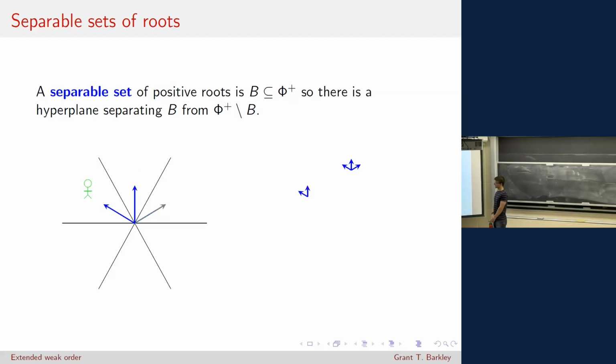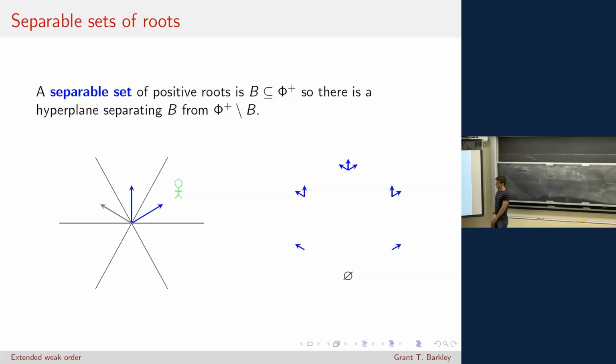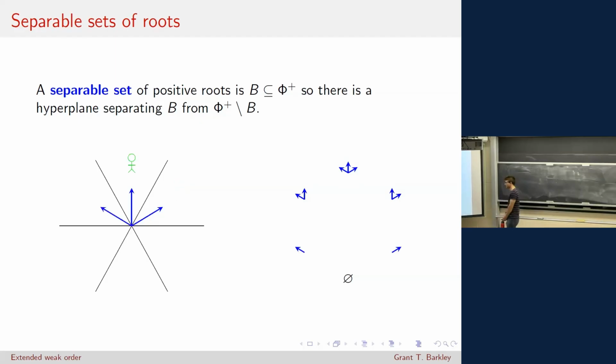As he moves through the Coxeter arrangement, his view of some of the positive roots will get obscured by some of the planes. So as he moves around, the separable set that he sees will change. Okay, so he's moved to every region and he ends up back at the top. These are all the separable sets he's found. So these are the separable sets for the A2 roots, and they correspond to the regions over here.